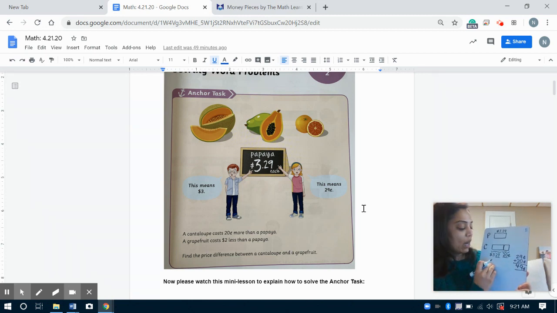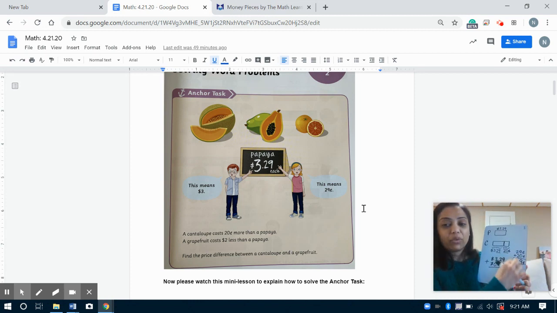So when we hold that and we go ahead and use the standard column method, it becomes a little bit easier. So I'm going to, again, add the $3.29, right? And then I'm going to add the 20 cents. There's no dollars, so I'm just going to add the 20. This is the standard column method right here.